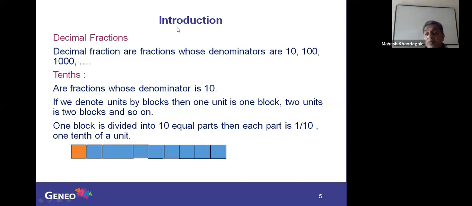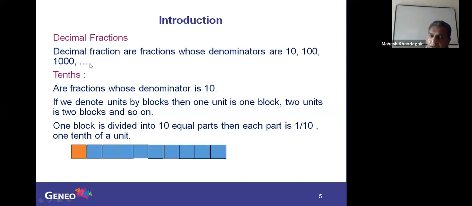Similarly, now the decimal fractions will be special fractions whose denominators will be either 10 or 100 or 1000. Meaning what? Every time the whole is divided into either 10 equal parts or 100 equal parts or 1000 equal parts, and so on. Okay. So the denominator will be a power of 10, either 10, 100, 1000, and so on.